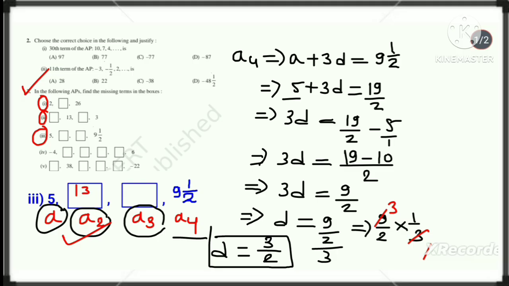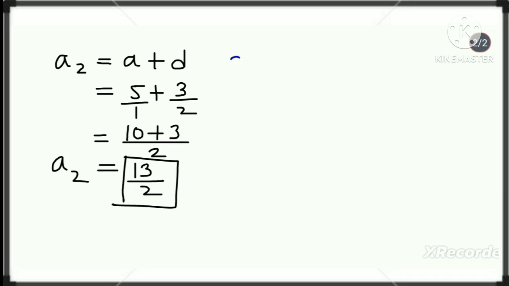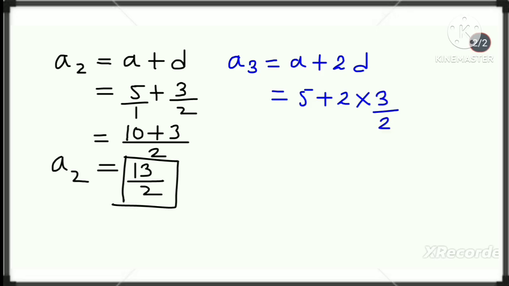13 by 2. Now let's find a3. a3 can be written as a plus 2d. a equal to 5 plus 2 into d equal to 3 by 2.